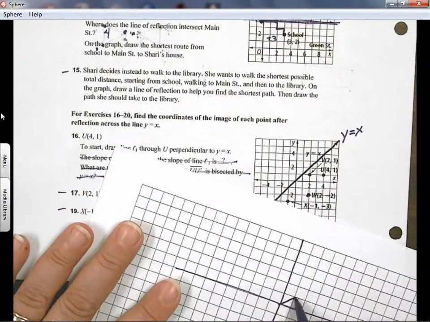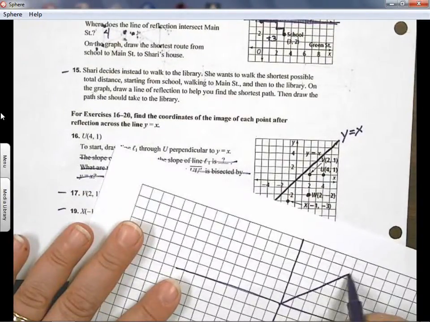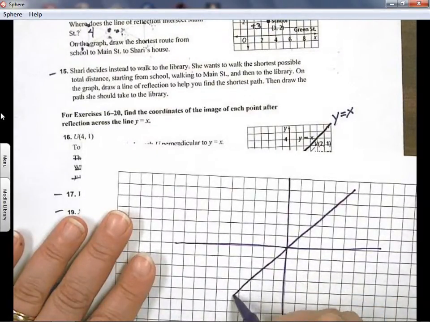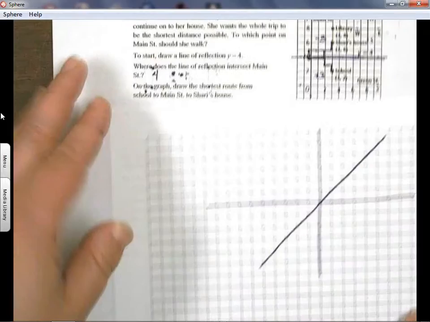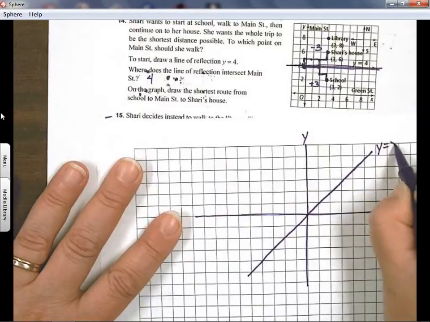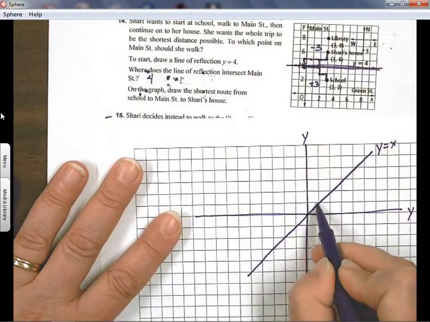And I know right here is going to be my line of reflection. It's a direct variation. Okay? So that's my y, that's my x, and this is my equation. You know, 1 equals 1. That's what it's trying to say.